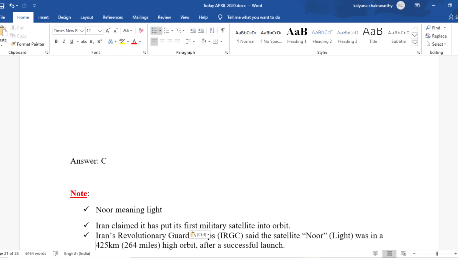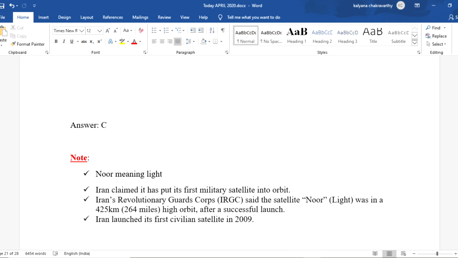Right? And look at this. Noor means light. Iran claimed it has put its first military satellite into orbit. Clear? Very, very important one. It was in a 425 kilometers high orbit after a successful launch, meaning, according to Iran, it was a successful launch. Earlier, Iran launched its first civilian satellite in the year 2009.